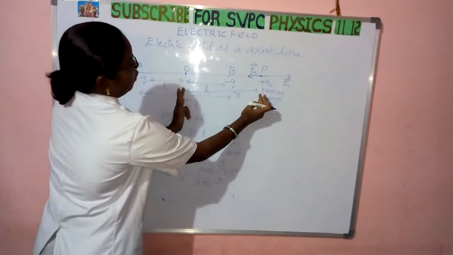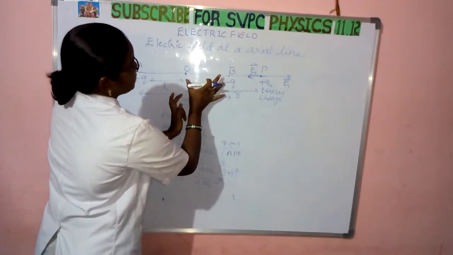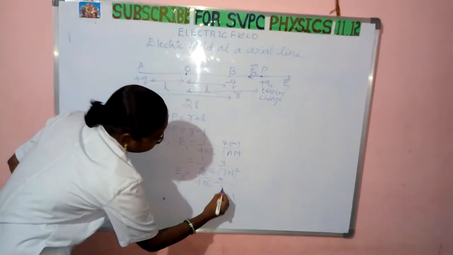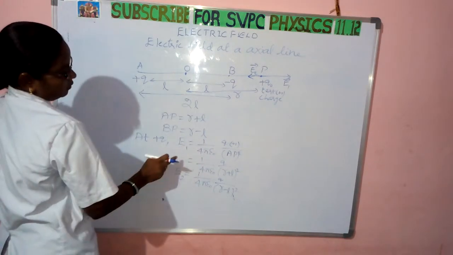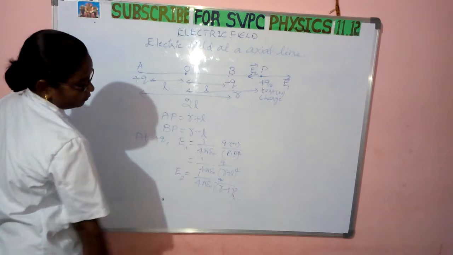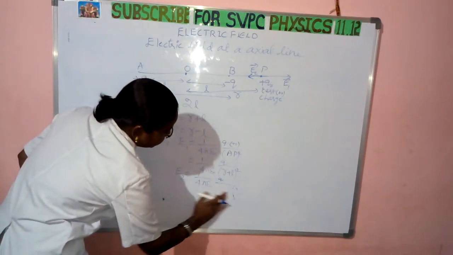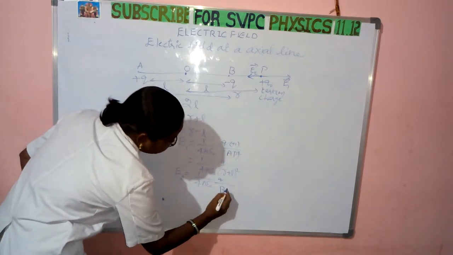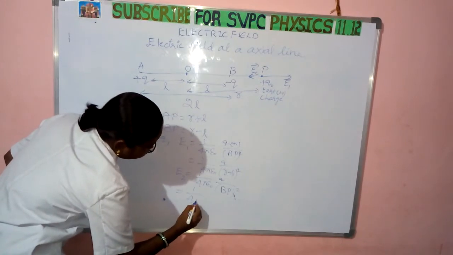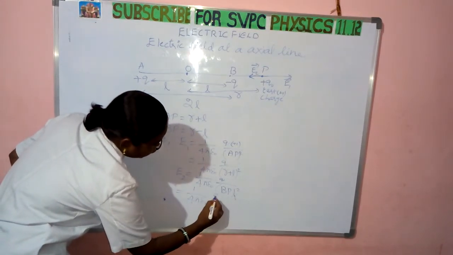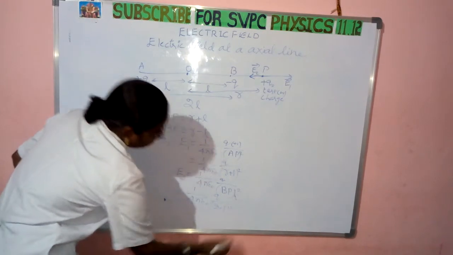BP, OP minus OB, which means R minus L, whole square. So E2 is 1 by 4 pi epsilon naught, Q divided by R minus L whole square.